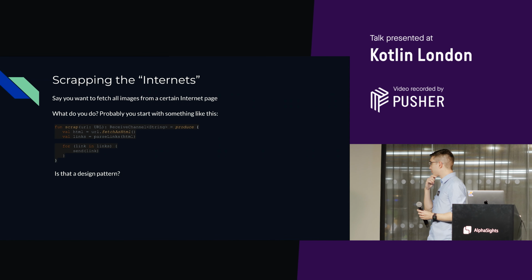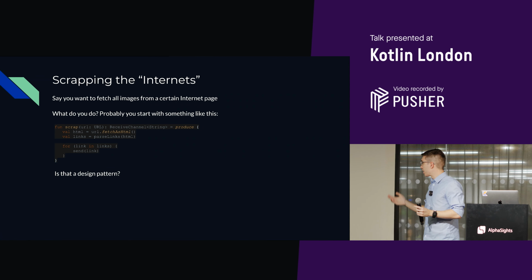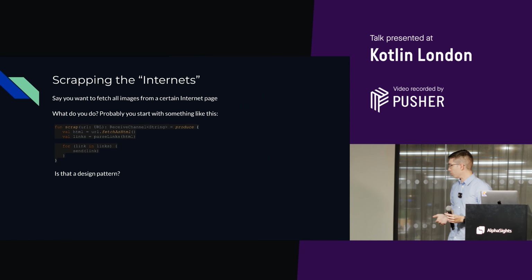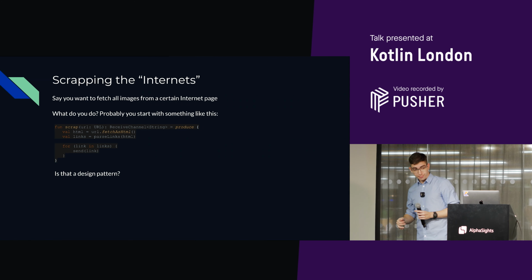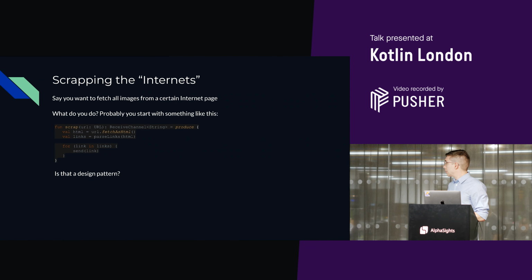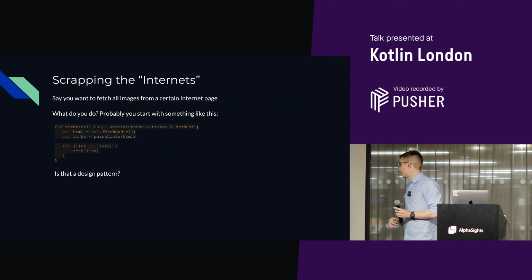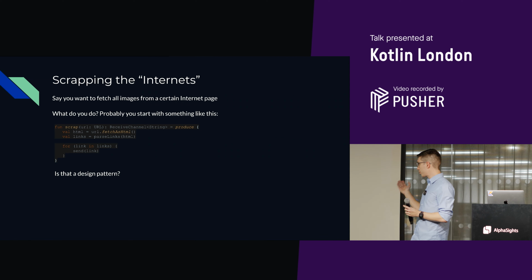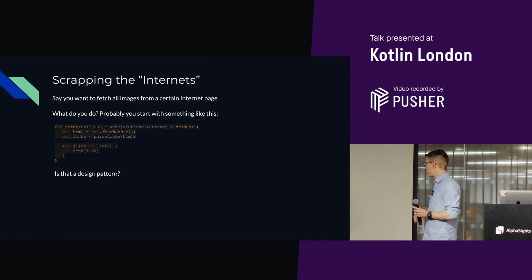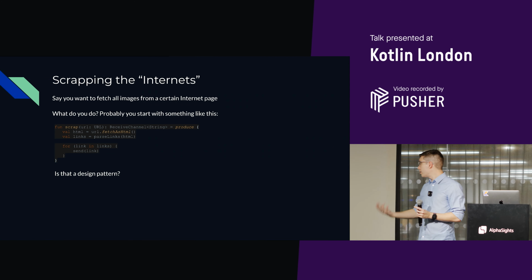Now, some more examples. Let's say I have a web page, lolcats, and I would like to fetch all the images from it. So what do we do? You decide to do that in Kotlin, so you do something like this. You have this produce function, which creates a coroutine and binds it to a channel.